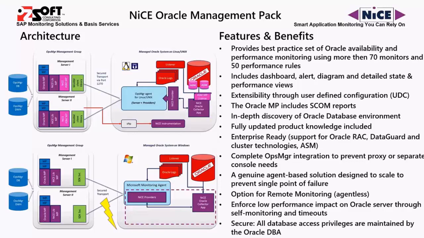That means we're not using any connections coming from outside, such as a watcher node, to connect to that Oracle database. The benefit is that you do not need to open any additional ports, you can spread your resources across the Oracle servers, and your management group and management server have no impact whatsoever from collecting that data, because the data is collected and condensed at the agent level.